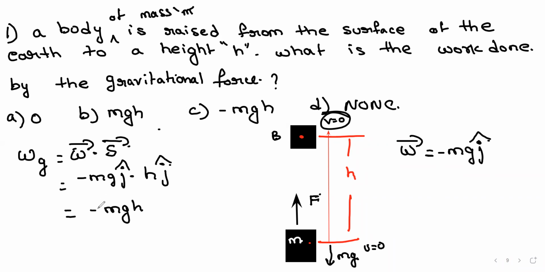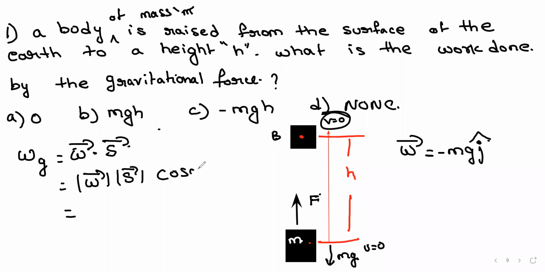So we can solve this problem like this, or we can write work done by gravitational force as W dot S, where W dot S is magnitude of weight into magnitude of displacement into cos theta. Theta is the angle between weight vector and displacement vector. Weight vector is in downward direction, displacement vector is in upward direction, right?